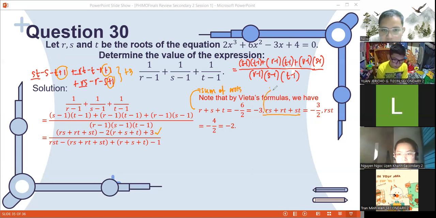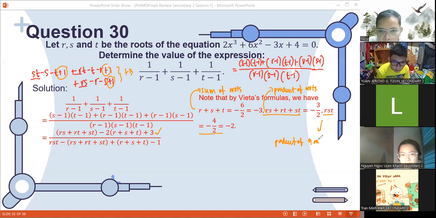This part here is the product of roots two at a time. And this one here is the product of the 3 roots. So since we have that, you can already simplify it.